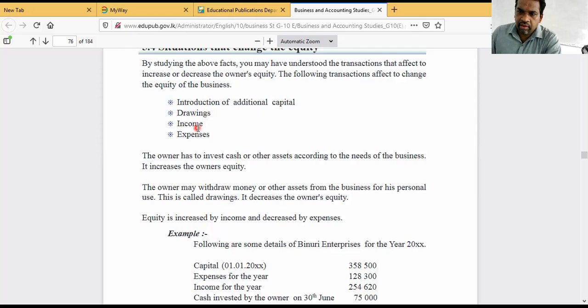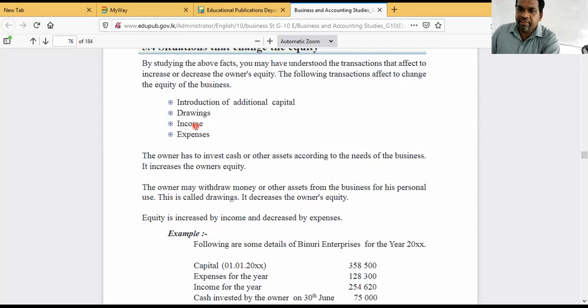Income. You know, how did you define income? Income is any increase in capital except increase in capital because of additional capital introduced by owner. Therefore, if there is an income, it goes to equity.